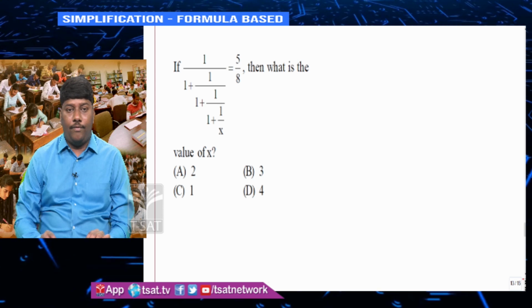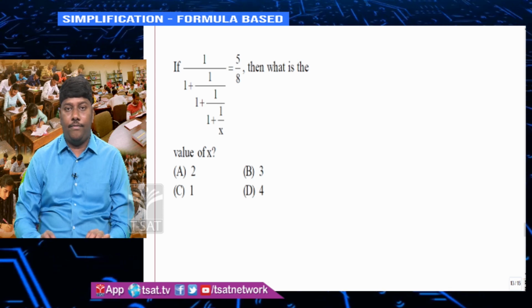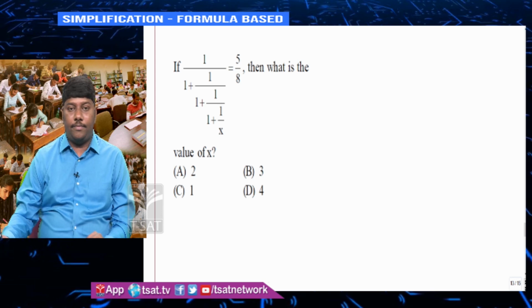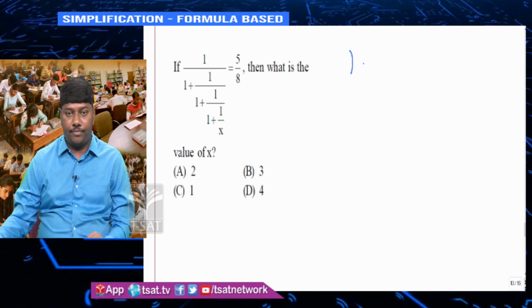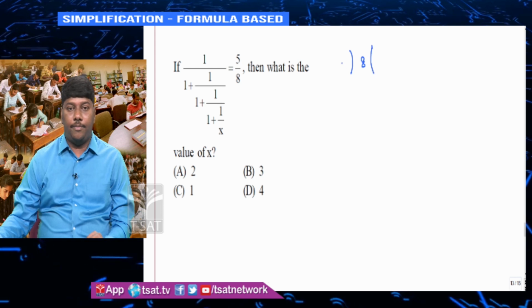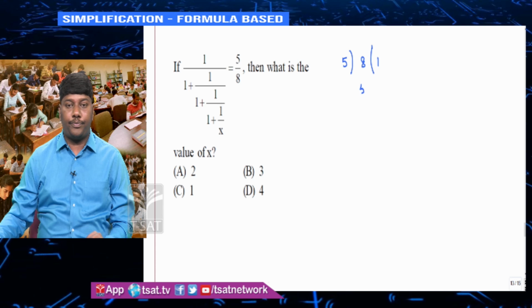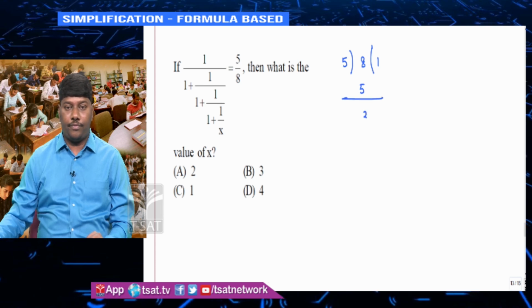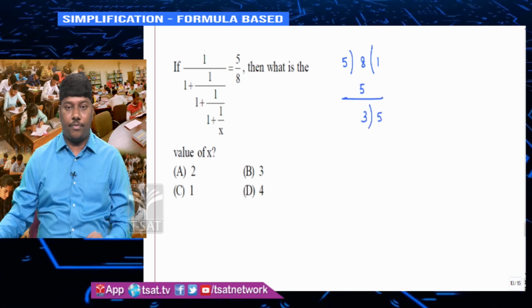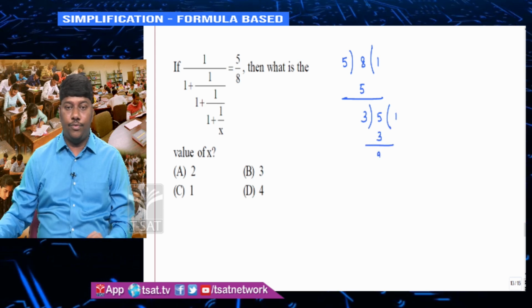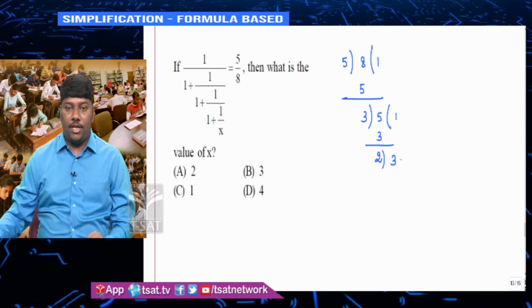Similarly, look at this sum. 1 plus 1 by 1 plus 1 by 1 plus x finally. So first you simplify 5 by 8. Take the denominator. Divide it by 5. 5 ones are 5. Then again ones are. Remainder is 2. 3 becomes the dividend.